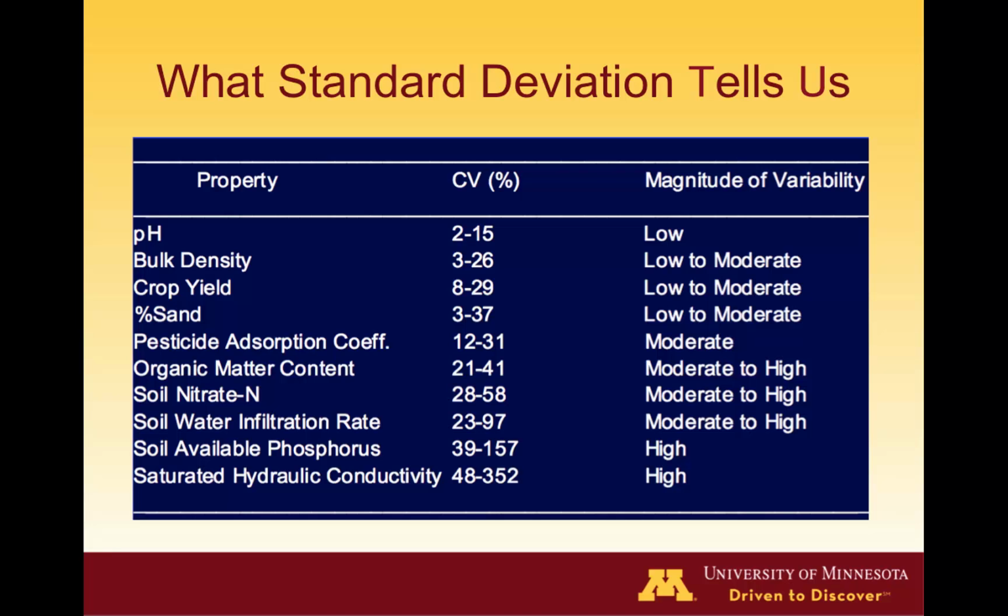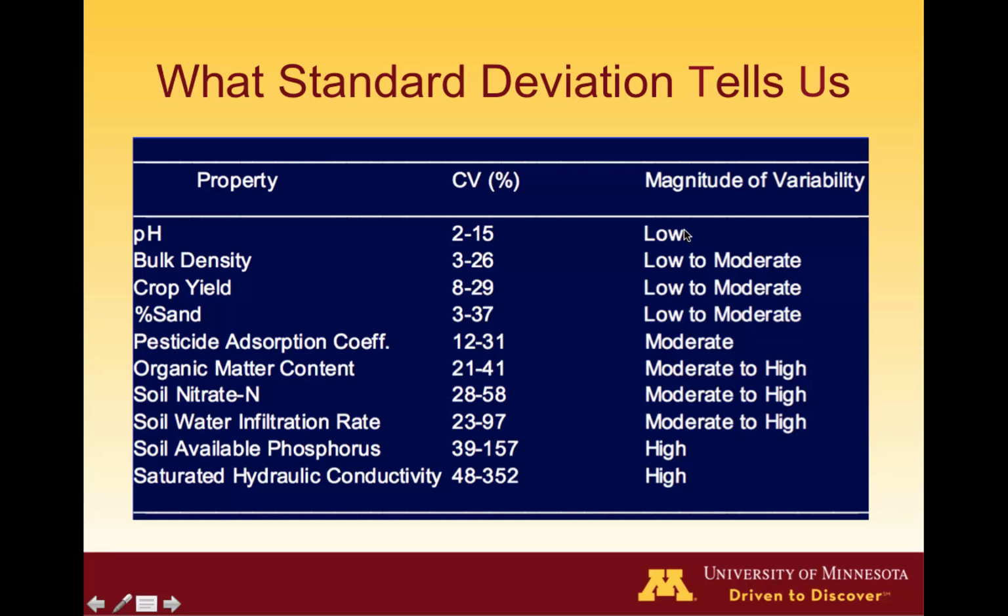So, for some soil properties like pH, bulk density, crop yield, soil water infiltration rate, soil nitrate, which is the nitrogen content, and soil phosphorus, you can see that they have different magnitudes of variability, which is a guideline for you to carry out soil sampling.